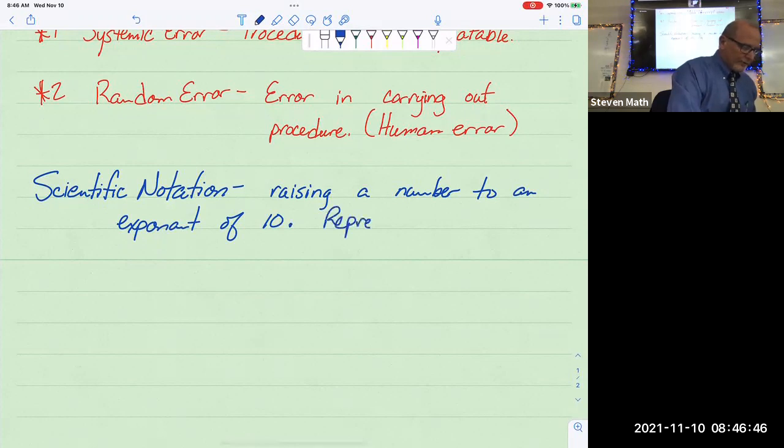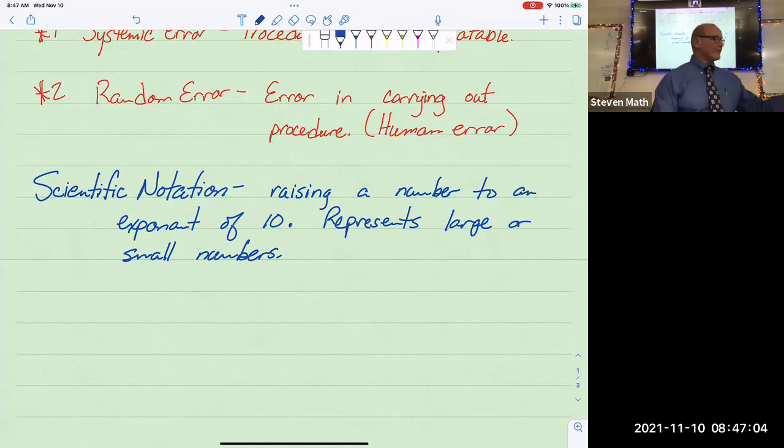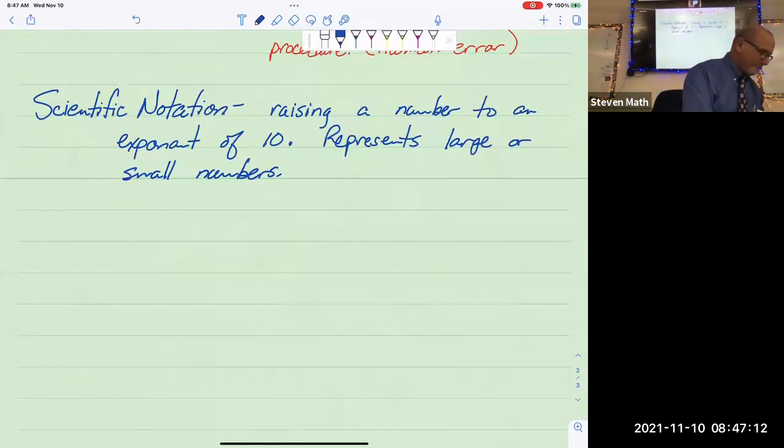It represents large or small numbers. I don't have much more on that. You guys did scientific notation in 6th grade. You've done this. It's just not chemistry without red. Red asterisk in a box.